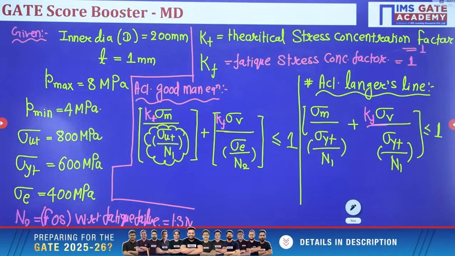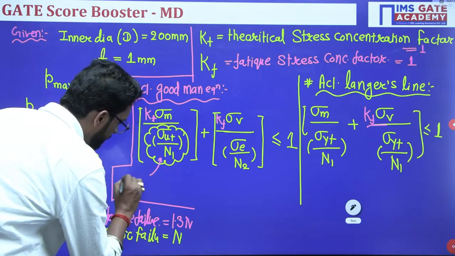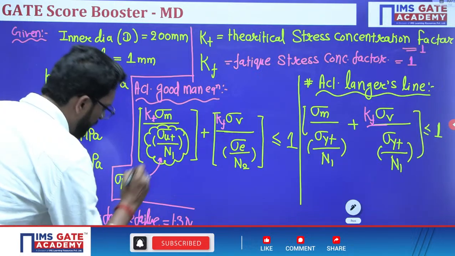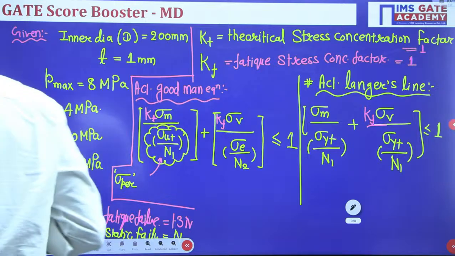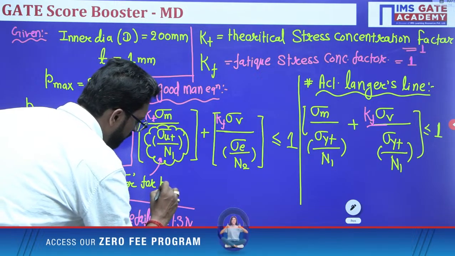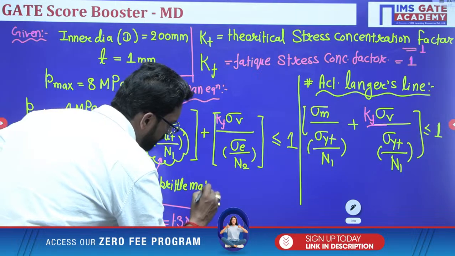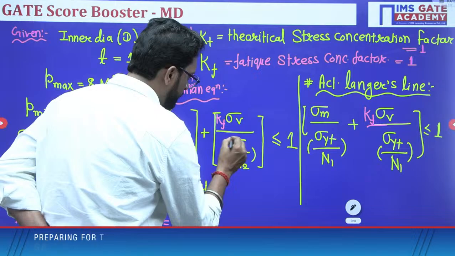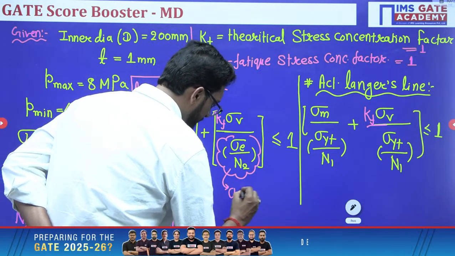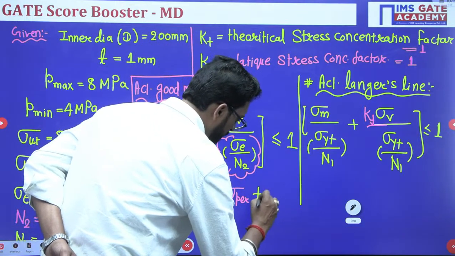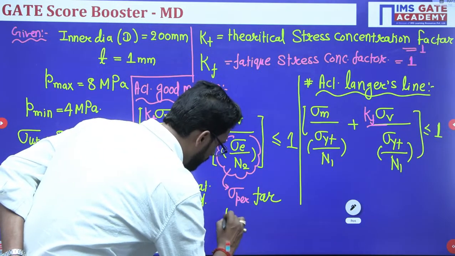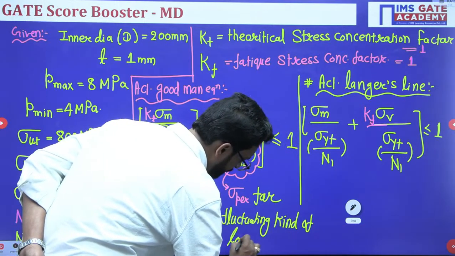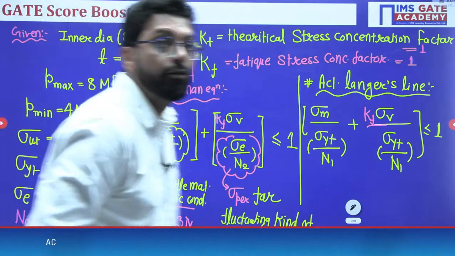Permissible stress is the failure stress divided by the factor of safety. So this is the permissible shear stress for a brittle material under the static condition, because this is the ultimate strength for a brittle material. And this is also a permissible shear stress, for a fluctuating kind of load, a varying load.